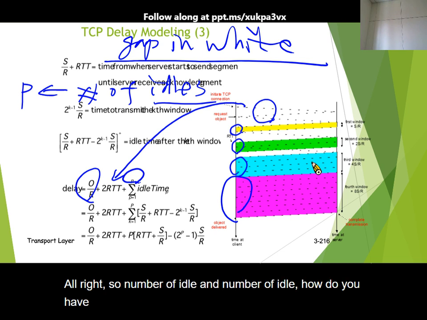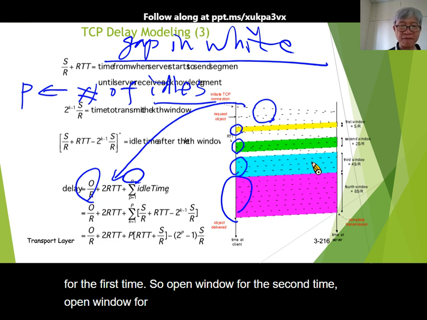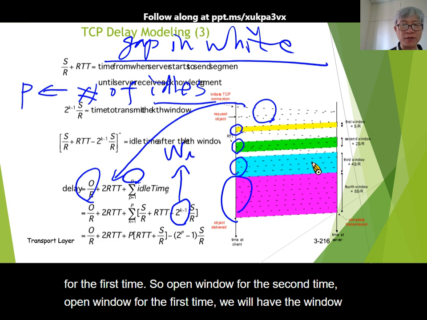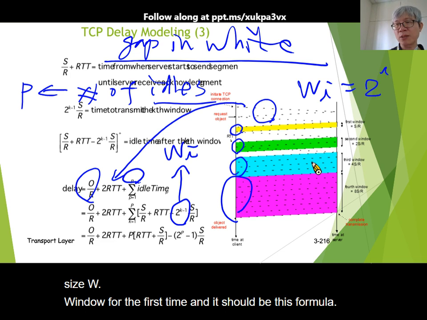The first one, it should be to open the window for the first time, to open the window for the second time. Open the window for the first time, we will have the window size W, and it should be this formula. Is it okay?